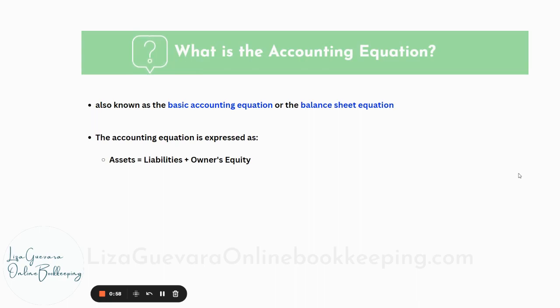So what is the accounting equation? It is also known as the basic accounting equation or the balance sheet equation. It is expressed as assets equals liabilities plus owner's equity or capital.